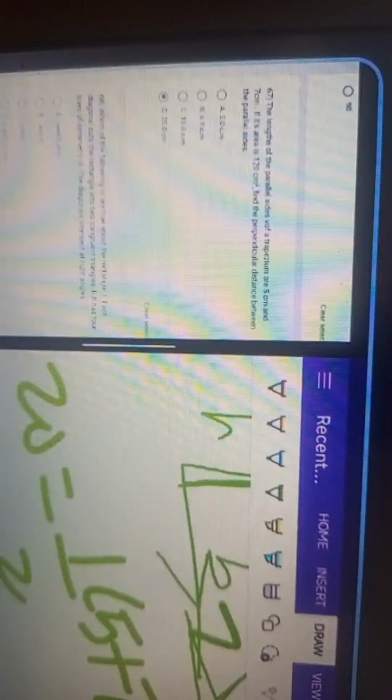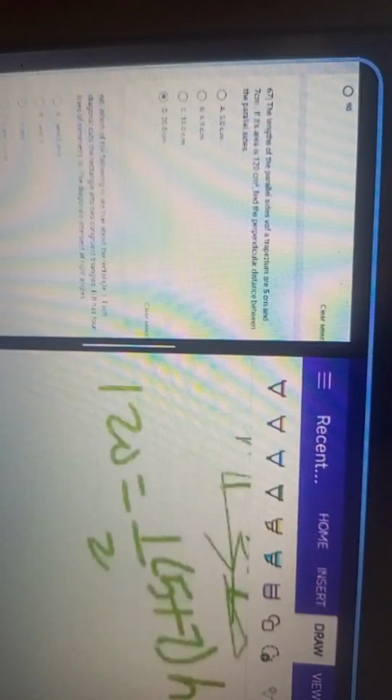I don't know the height. That's what they told us to look for. So I will now have 120 is equal to half. Let's solve the bracket. 5 plus 7 is 12, then times the height. So 2 here is 1, 2 here is 6.